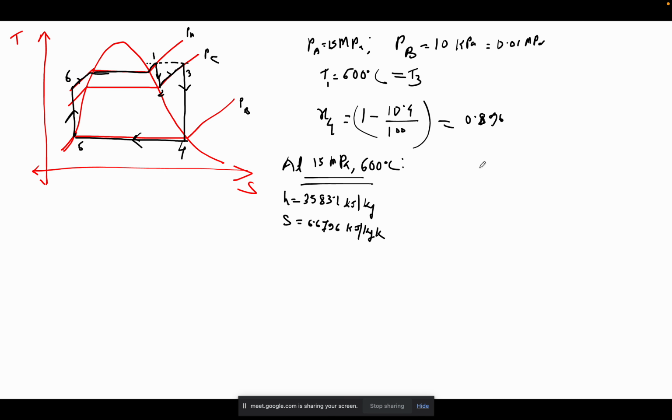Also at 0.01 megapascal, what do we get?